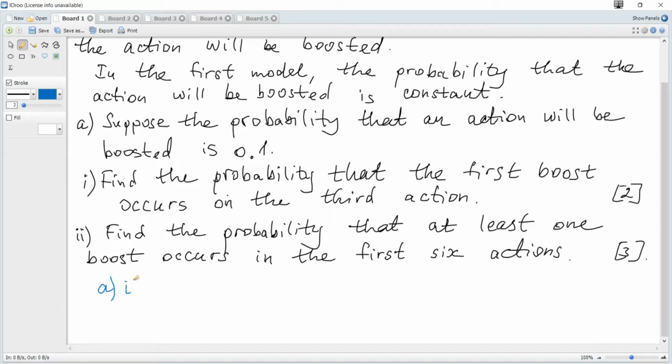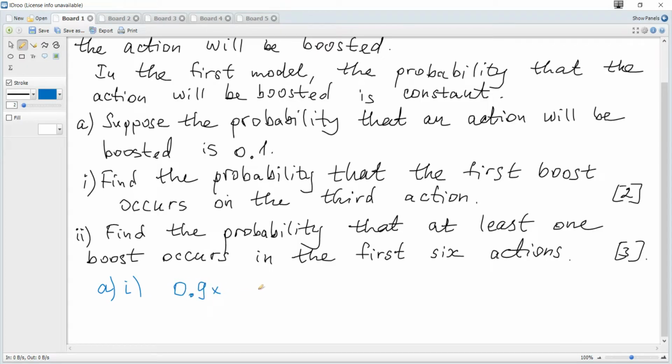So the first boost on the third action, what does it mean? There must be no boost on the first trial, no boost on the second action, and a boost on the third. No boost is the complement event, it's 1 minus 0.1, which is 0.9.